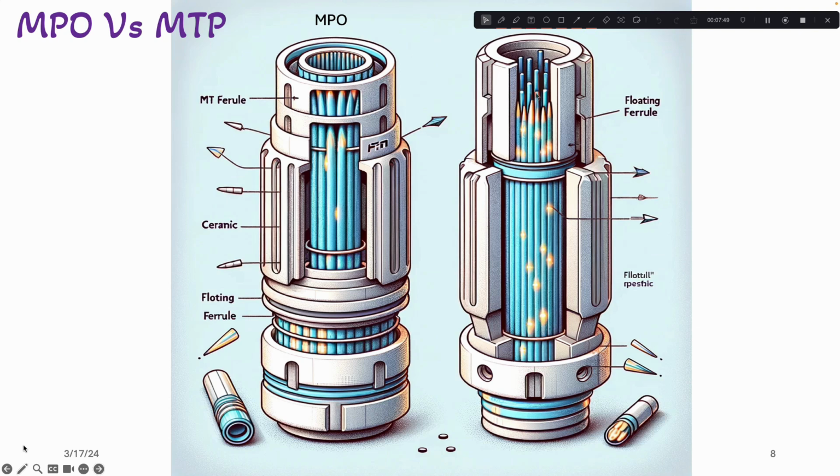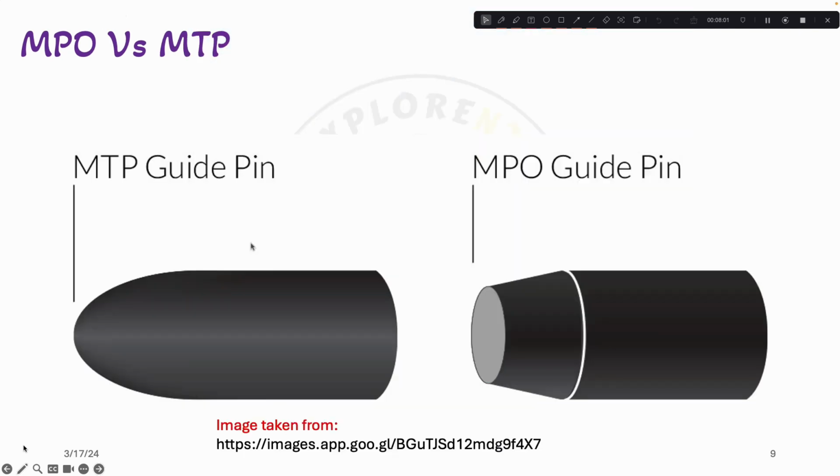On the other hand, if you come to MTPs, there is no enclosure, so it's all flexible. And the connector type end, I will show in the next slide. Okay. So in the MTP, it's like a curvature type. According to the physics, it's more flexible compared to this type of flat connector ends. It's flexible and sturdy.